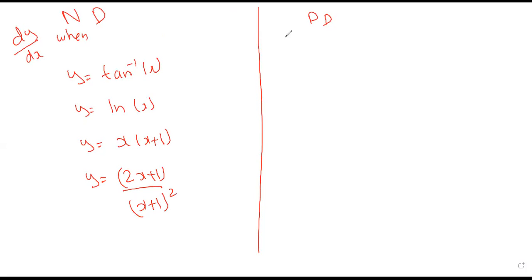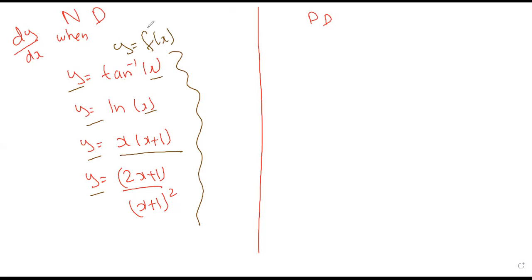Remember, we have studied how to solve these types of questions where we only had y and x. We had y equals f of x. The function was in terms of x.